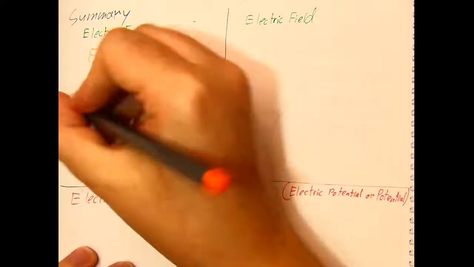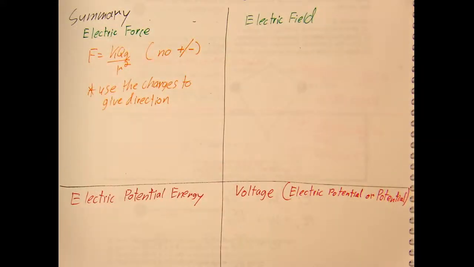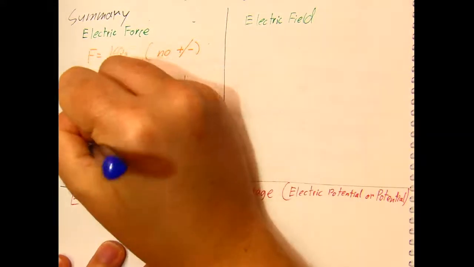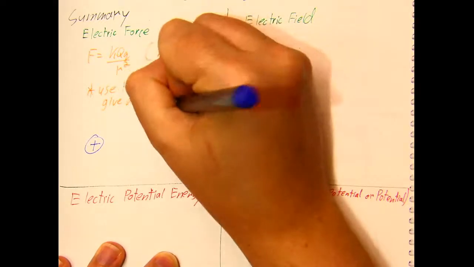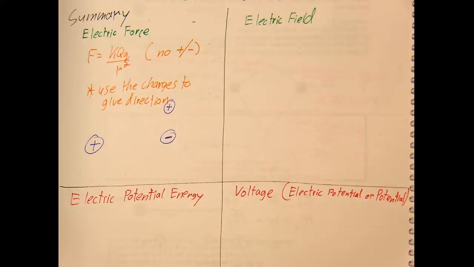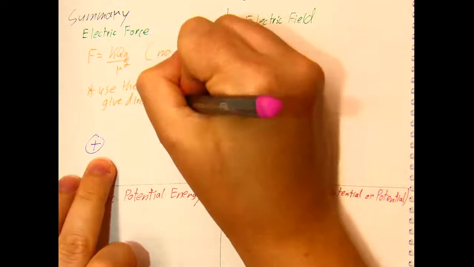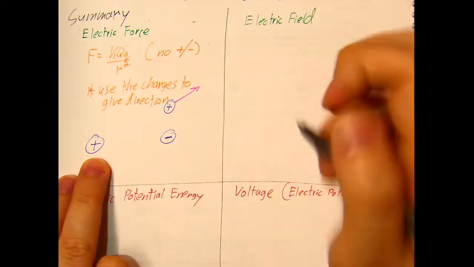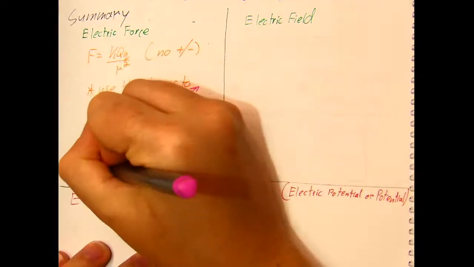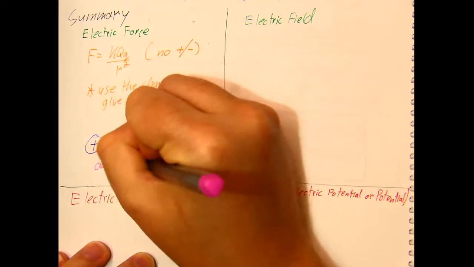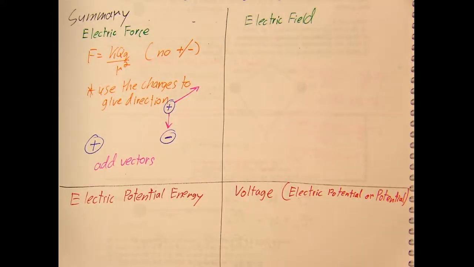So for example, if I had a positive charge there, a negative charge there, and a positive charge there, there would be a repulsive force this way, there'd be an attractive force this way, and then we'd have to add vectors. The way we add vectors, either components or tip to tail, you can choose.